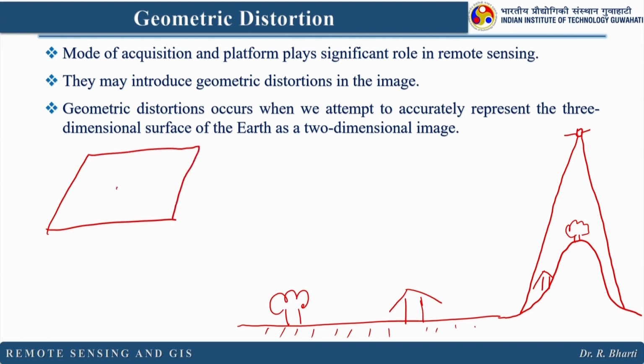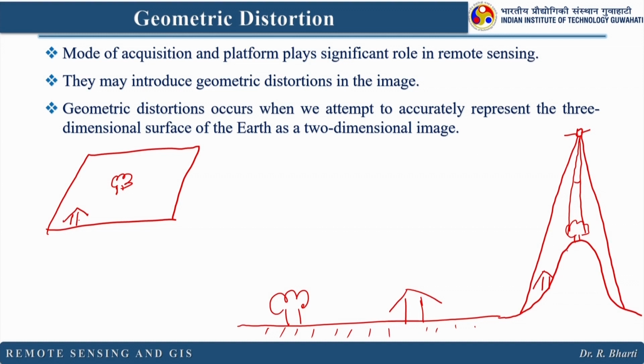Here in the center you will have trees, here you have house, here you have house, but this particular detector which is located in the center will see this particular tree accurately based on its IFOV.